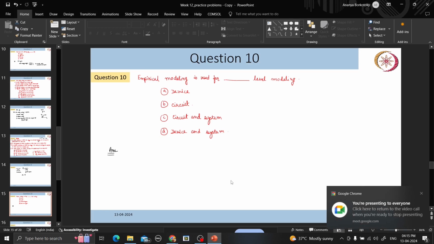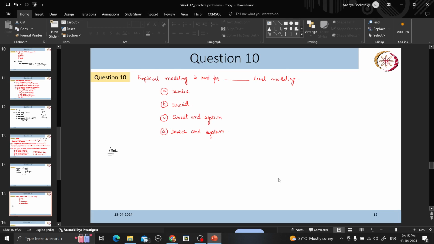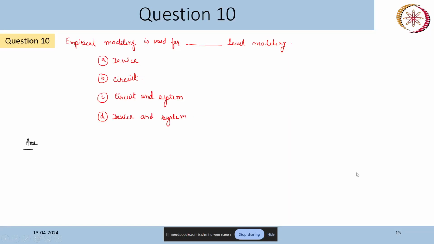Empirical modeling is not exactly physics based modeling, not exactly analytical modeling, and it is mainly based on observations and experimental data. So this is not used for device modeling. This is mainly used for circuit or system level modeling.